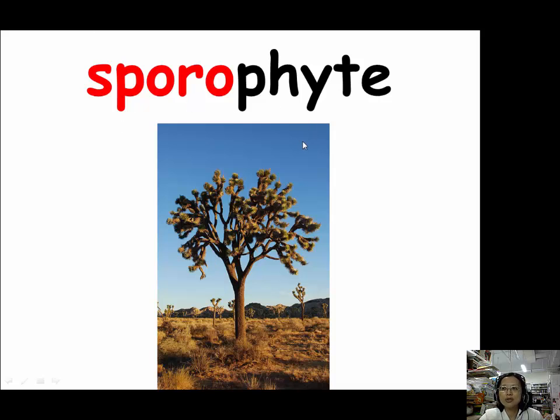Sporophyte refers to a plant or the diploid phase in the plant's life cycle, which produces spores by meiosis in order to produce gametophytes. And for angiosperms, like in this picture, this is the Joshua tree. It's an angiosperm. For angiosperms, the visible, big part, the dominant generation is the sporophyte generation.